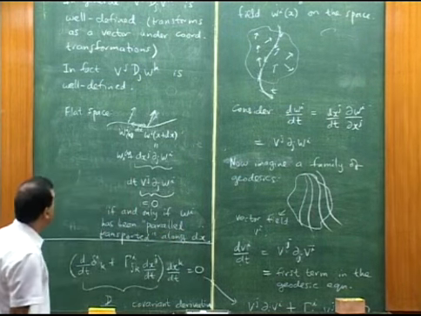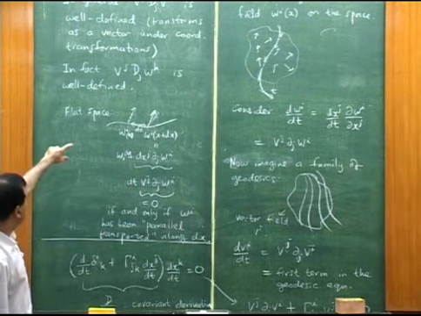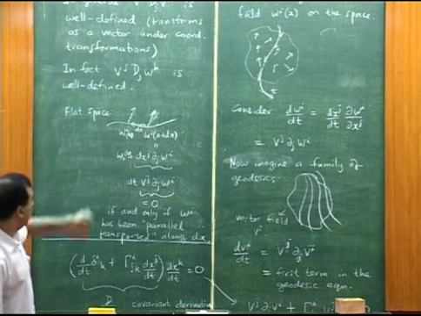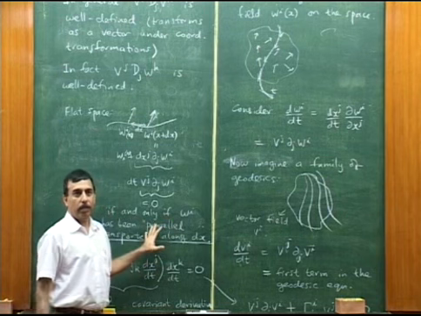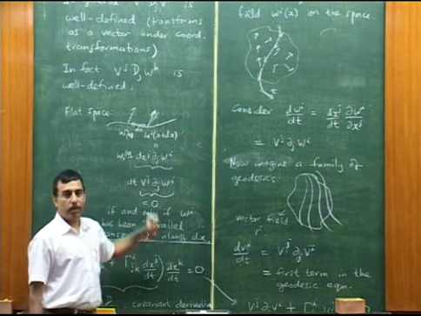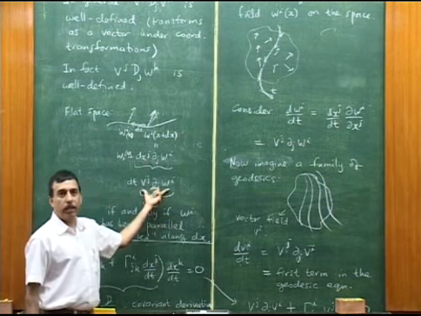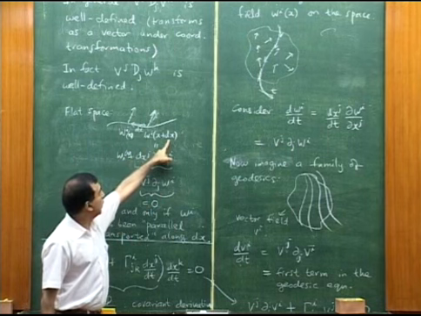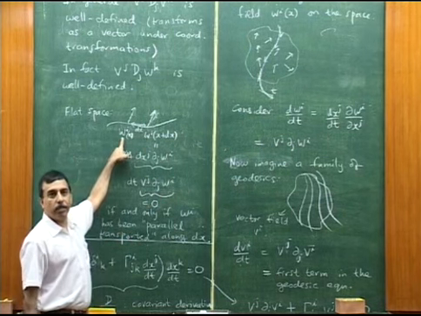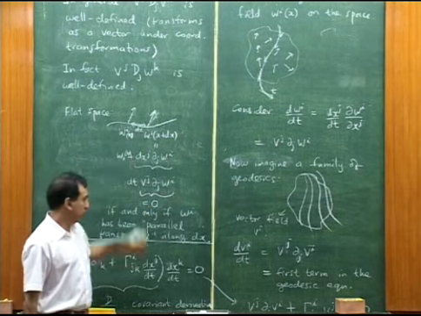In other words, if a vector in going from one place to a neighboring place is parallel transported, which is the intuitive meaning of this word because we are in ordinary flat space, then this quantity is of course 0, because then w^i at x plus dx is the same as w^i at x.